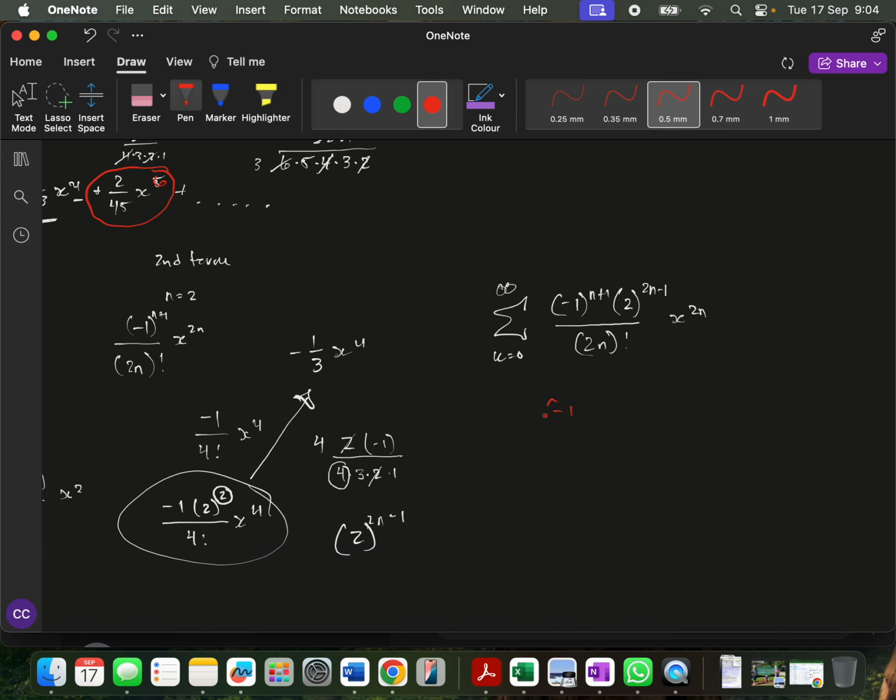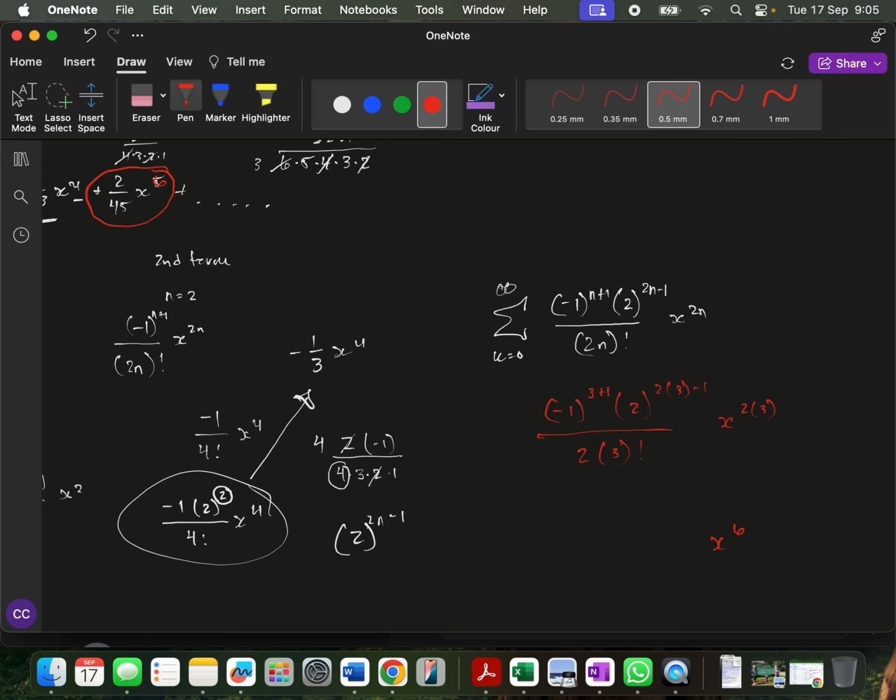So if I did -1 to the, this is my 3rd term, so 3 plus 1, times 2 to the 2 times 3 minus 1, all over 2 times 3 factorial, and then this is x to the 2 times 3. Well, we know that the x to the 6th works.